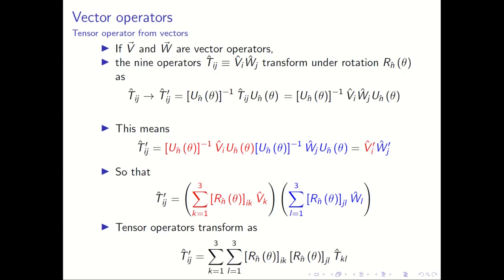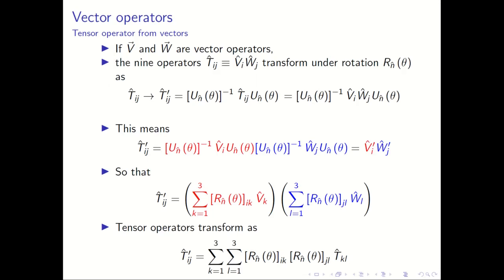Well, the way tensor operators transform in general is this, and as you can see, tensor operators have two indices, i and j on this side and k and l on this side, and corresponding to each of the two indices you have two Rn hat theta factors. That's what makes them tensors of rank 2. Frankly, you can keep on going ahead with this.